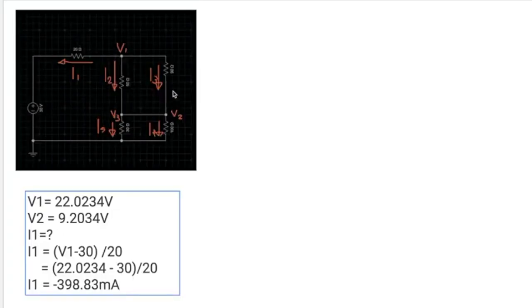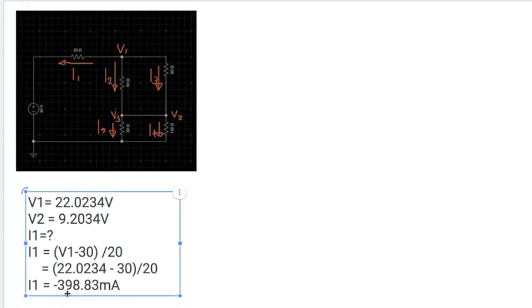But if you state it here, it will be negative 398.83 milliamps going to the left, indicating that in the actual circuit, it will turn to the right, on the other side, because we have a different way of assignment. Since it is nodal analysis, all the currents should flow going to the ground.